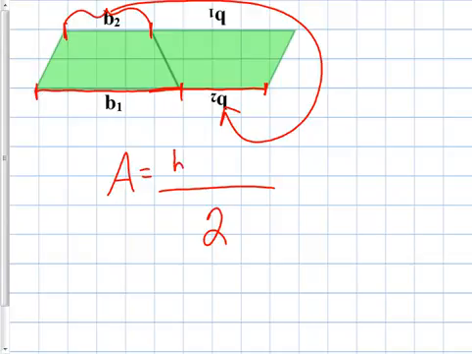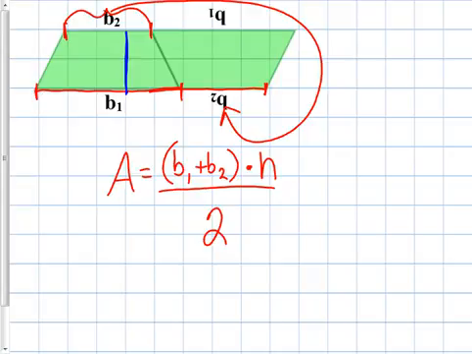So that's why I have to add base 1 and base 2 to make the total base of the parallelogram that you can make from putting two congruent trapezoids together. And then I multiply times the height of the parallelogram. Well, notice that the height of the parallelogram would be the same as the height of the trapezoid. So there's my formula for area of a trapezoid.